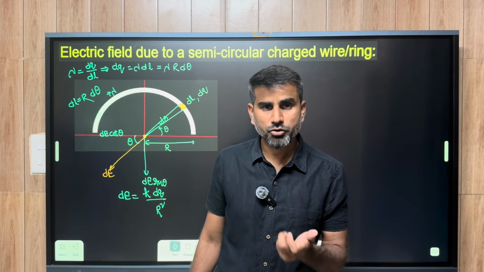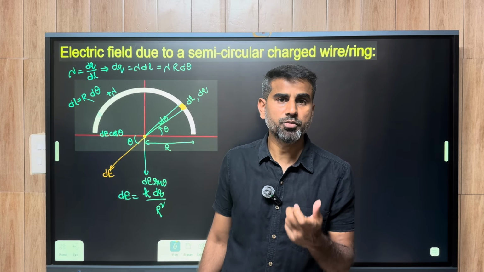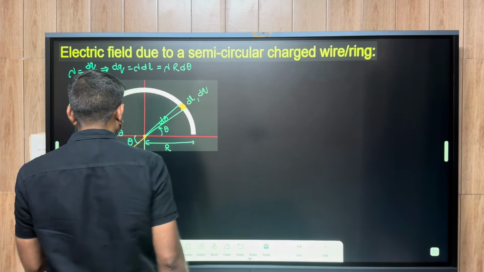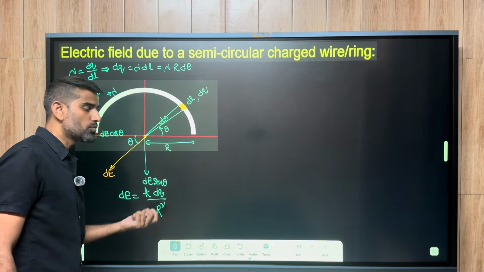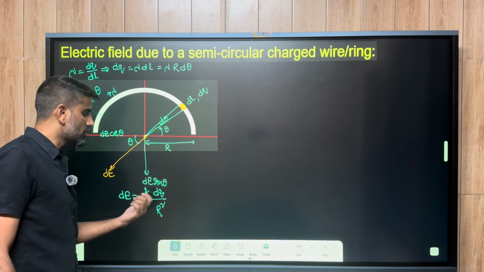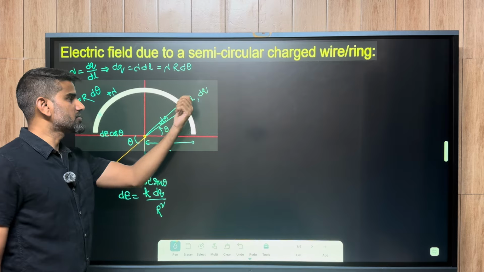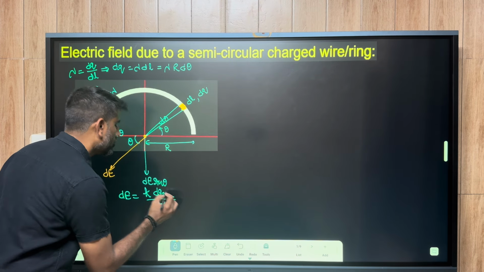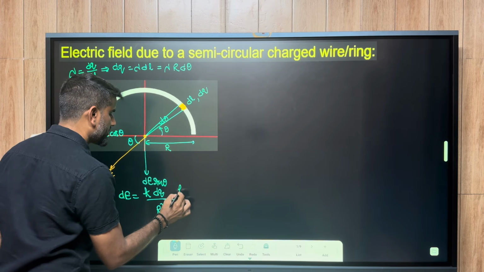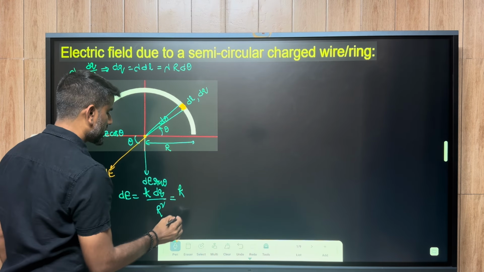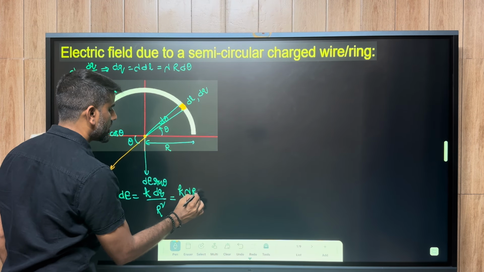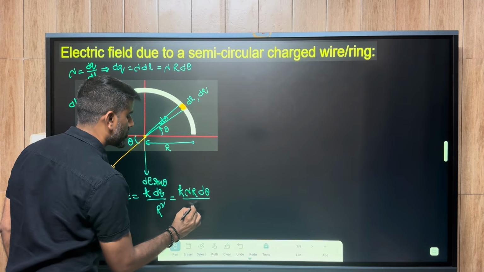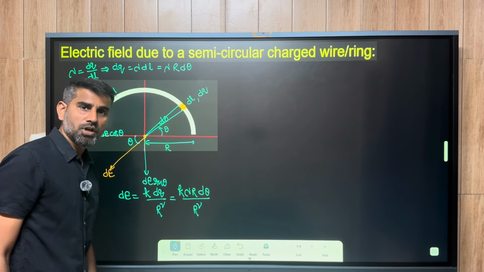So the electric field due to a point charge at a point of interest is E is equal to kq by r square. I have written the same formula for the charge dq. Now, as I know dq, I'm going to replace it: k dq by r square is nothing but k lambda r d theta upon r square.